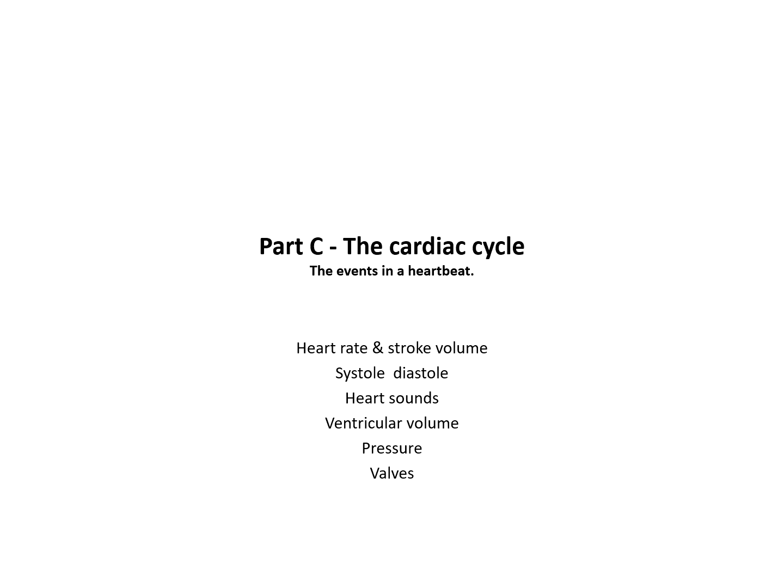All right, let's look at part C, the cardiac cycle. This describes the events in a single heartbeat. We'll look at heart rate and stroke volume. We'll look at systole and diastole, heart sounds, pressure in the ventricle, volume, and valves in the ventricle.